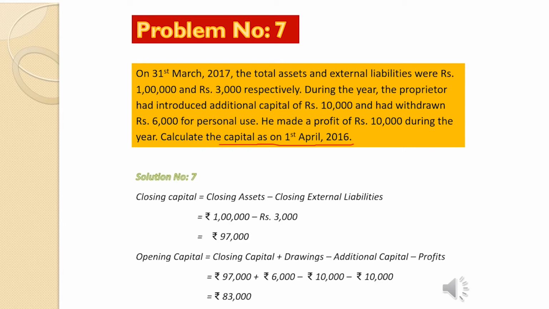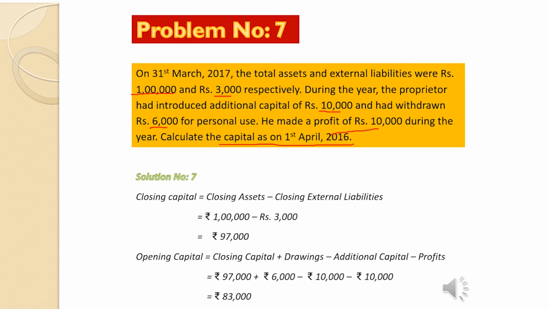Here, what information is given? Total assets rupees 1 lakh. External liabilities 3,000. The proprietor introduced additional capital of 10,000. The drawings is 6,000. Profit is 10,000. Now you have to calculate the opening capital.